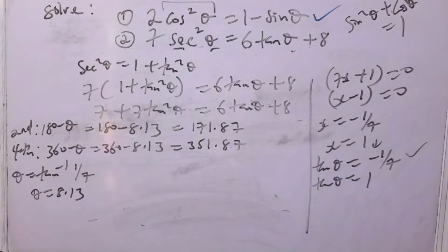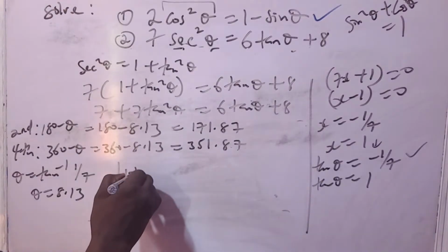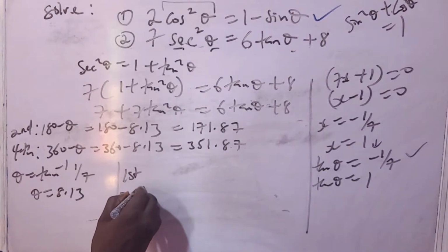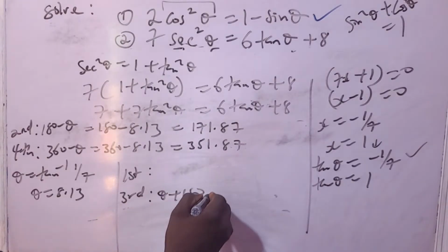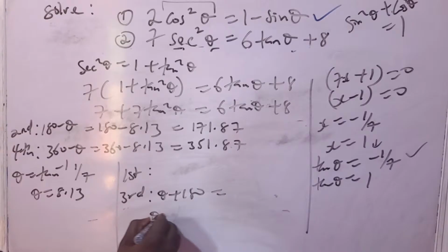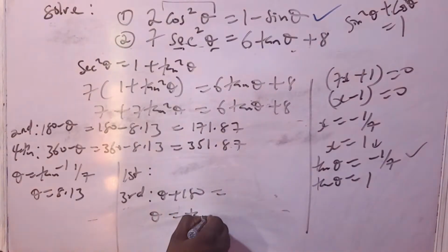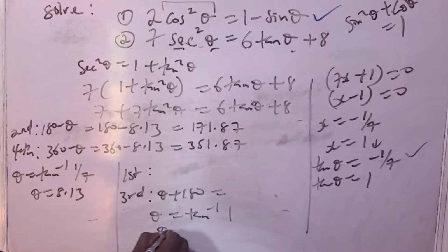But you want to also solve the other aspect, tan theta being 1. In this case tan is positive. So where is tan positive? Tan is positive in the first and in the third. In the third we have theta plus 180. So we have to find what theta will be. Theta will be arctan 1. What is arctan 1? Arctan 1 is 45.